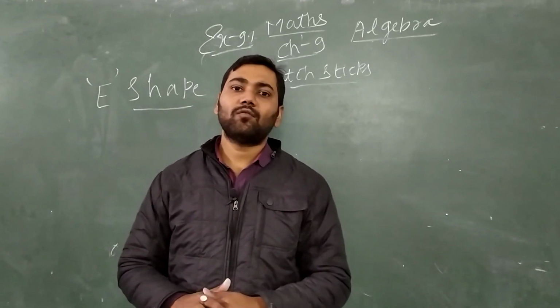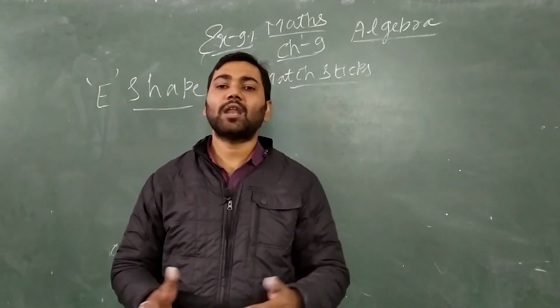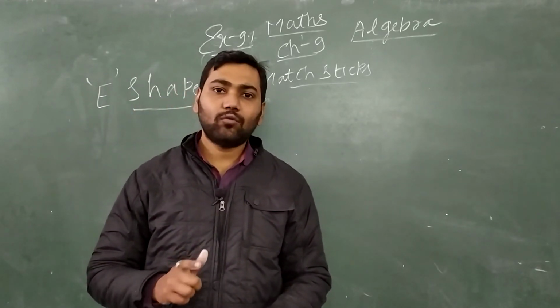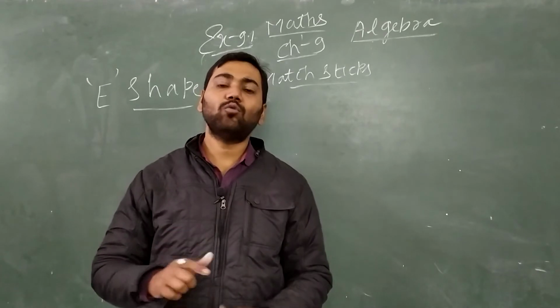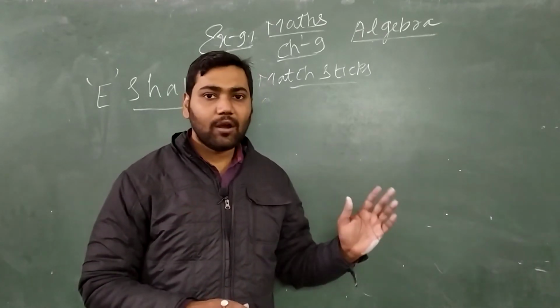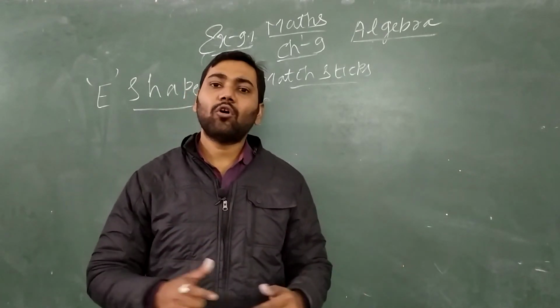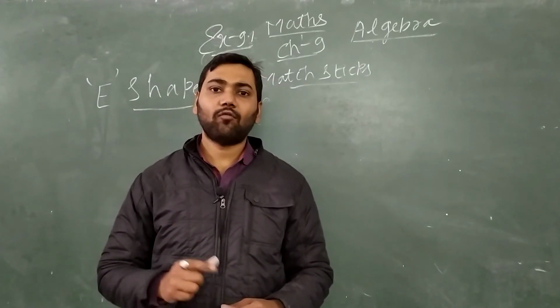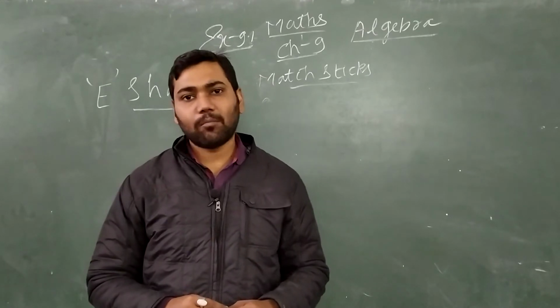Any figure can be given and we can be asked the number of matchsticks needed. What you have to do is learn how to make the formula. I have tried to make you all understand how the formula is made with the help of matchsticks.